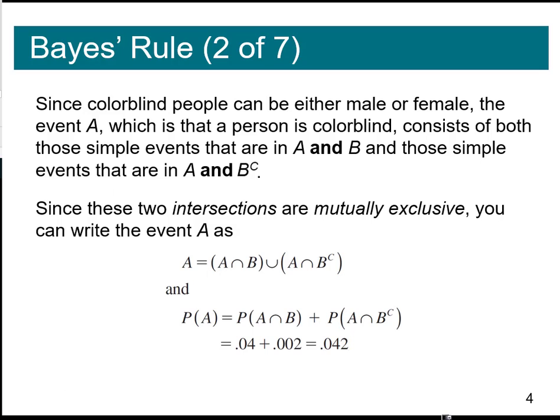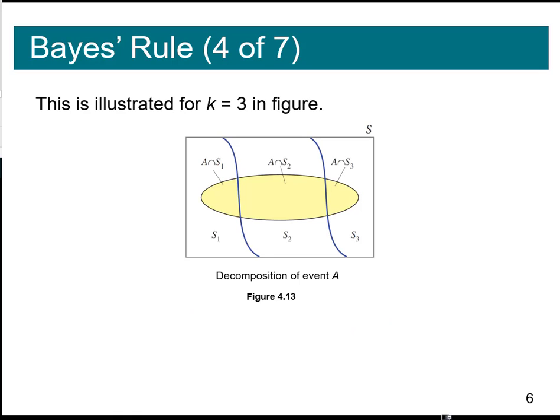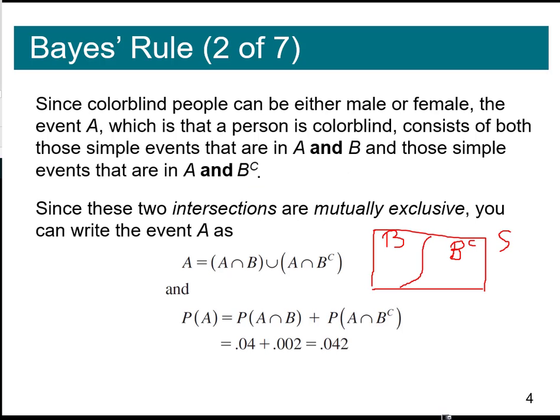remember we talked about a partition. So we talked about something like this, and here we're partitioning the entire set S into 3 pieces, here, here, and here. And in the first example, though, we are partitioning S just into B and B complement, where B is male and B complement therefore is female.